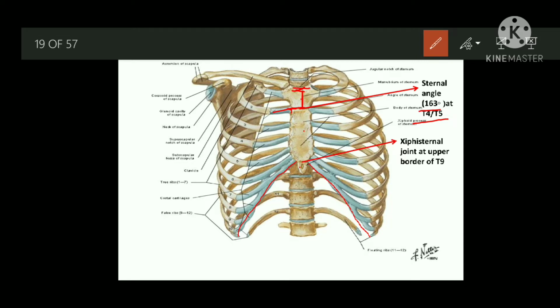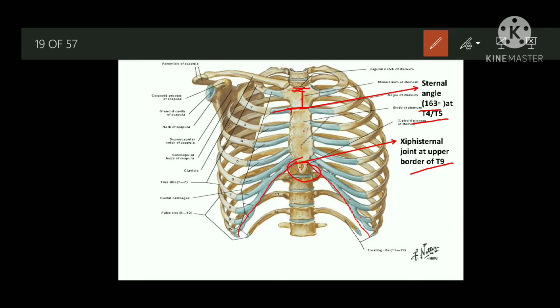The body of sternum is attached to the xiphoid process by the xiphisternal joint. It lies at the level of the upper border of T9. Now the costal margin: the costal margin is formed by the 7th, 8th, 9th, 10th, 11th and 12th ribs. Subcostal angle: this subcostal angle is situated at the inferior end of the sternum, between the attachment of the costal margin.